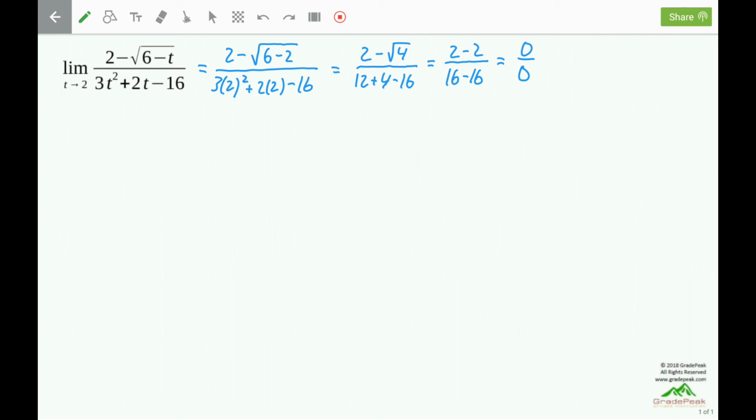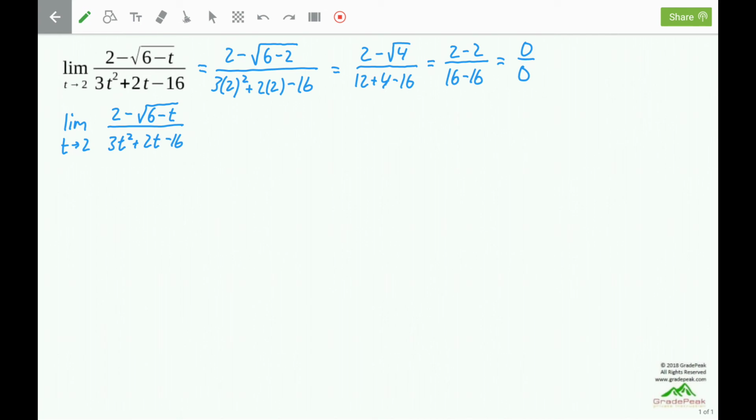Since we have a root combination, a root involving the variable t in some way, added or subtracted together with at least one other term, we can try the root conjugate method. I am going to rewrite this limit as t goes to 2 of 2 minus the square root of 6 minus t over 3t squared plus 2t minus 16.